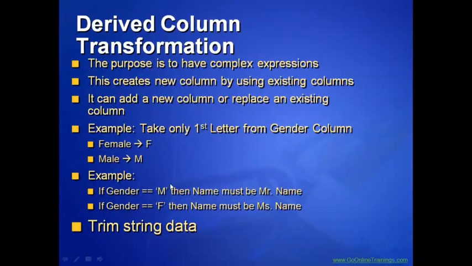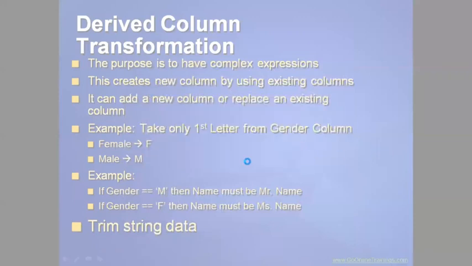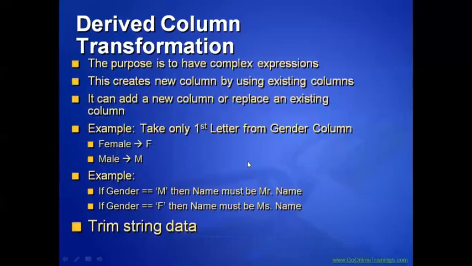Derived column transformation. I wanted to create some expressions. For example, I wanted to derive something. I have the complete word female in the source, but out of this I need only the first letter. I have male in the source data; take this one.